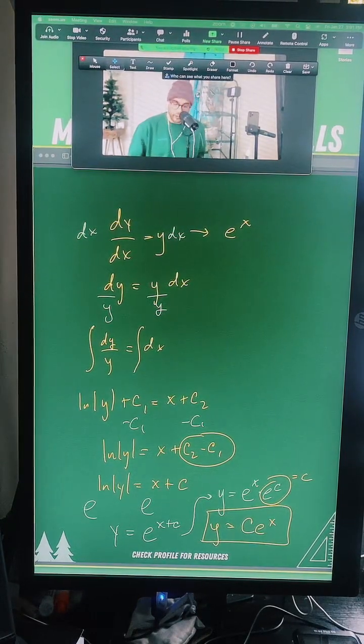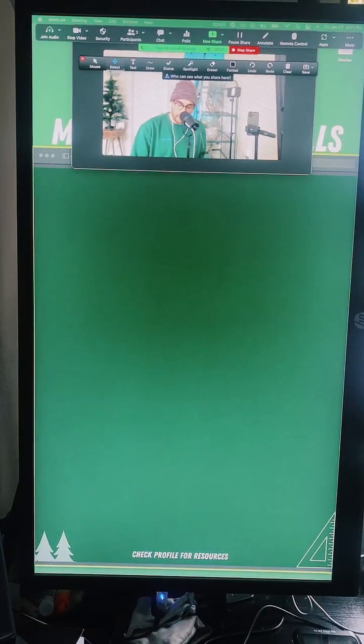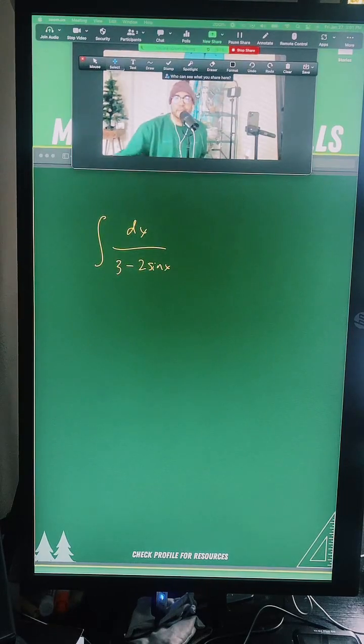All right, guys. So let's go back to that integration that we were talking about. Let's start off by doing the integral of dx over 3 minus 2 sine x.